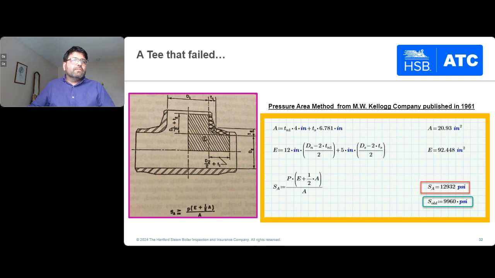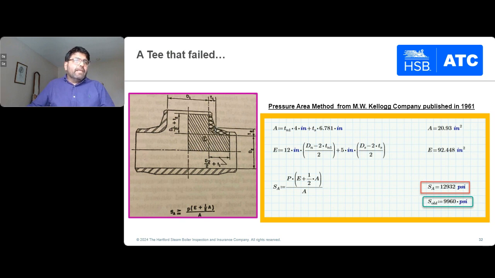This was published by M.W. Kellogg Company back in 1961. So they published a book on piping systems. And they happen to have a convenient equation to calculate the stresses on a T to make sure that there's enough compensation. So essentially, you're looking at the pressure area, which is hatched here, comparing it with the metal area, which is this one.